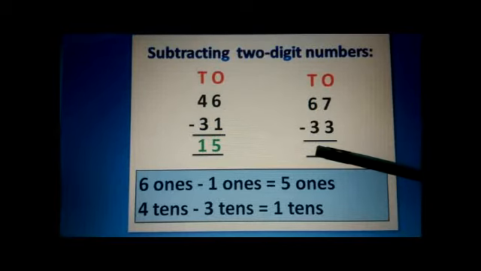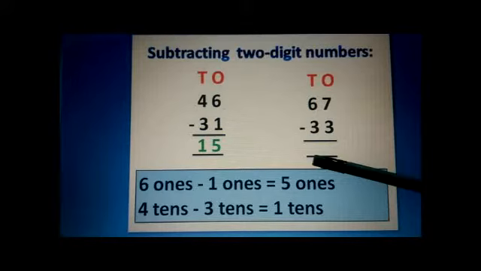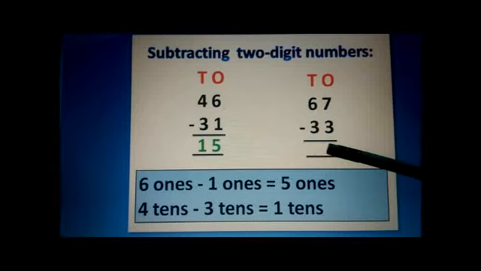What is the value of tens? 6 minus 3. So what is the answer of 6 minus 3? 3. We will write 3 in the place of tens value. The total answer is 34. Done class?